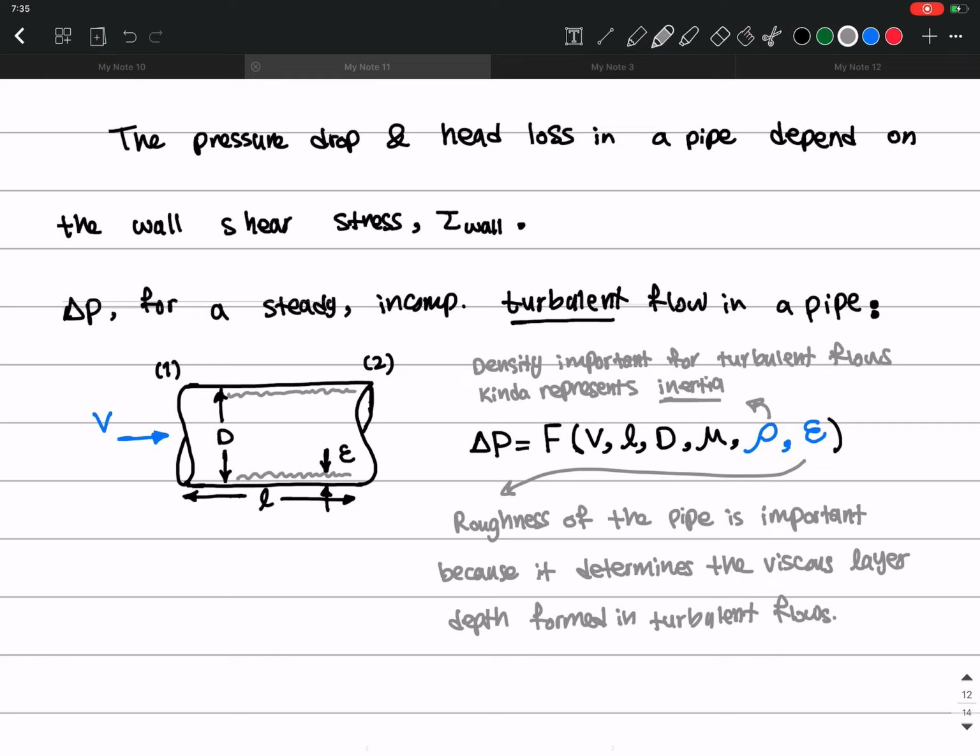In laminar flows, viscous effects are everywhere.